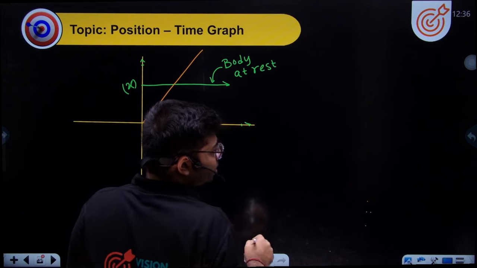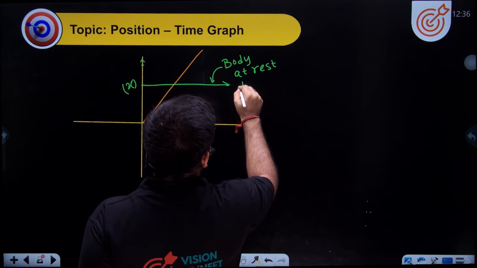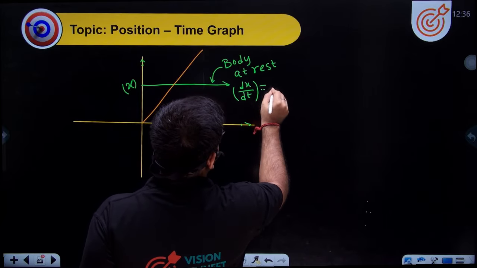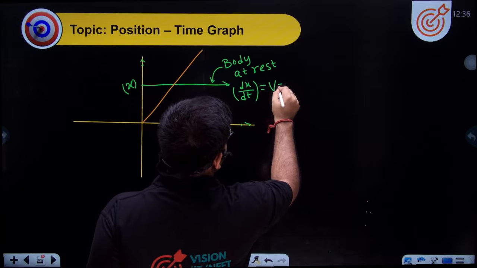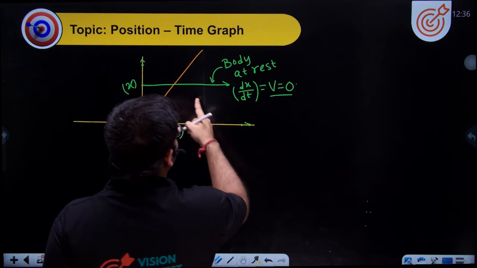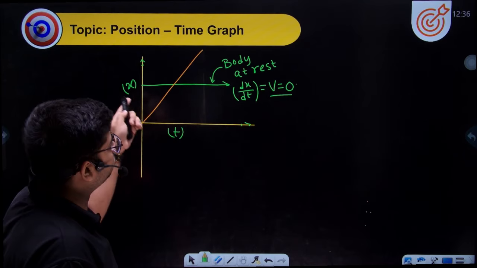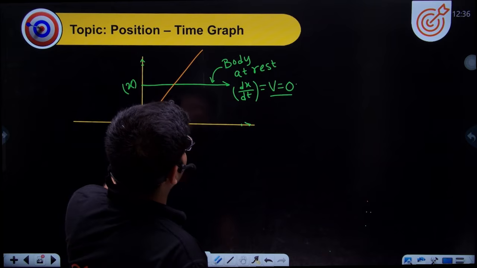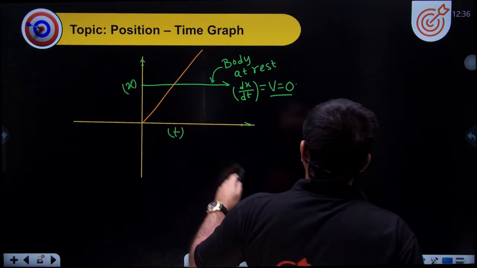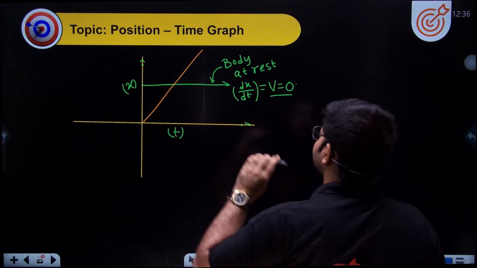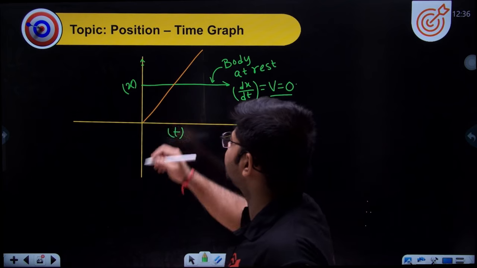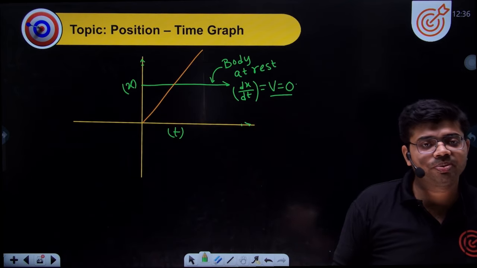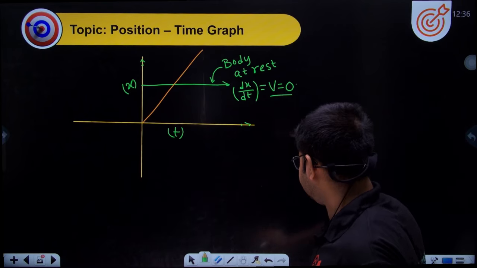That means here if I differentiate dx/dt, that is the position with respect to time, I will get nothing but velocity, and velocity is 0 here because you see the slope is 0. The slope of this curve is basically 0. But here the velocity is not 0. We are having some positive slope here. So this is what is meant by the position time graph. Its slope gives you the velocity, right?